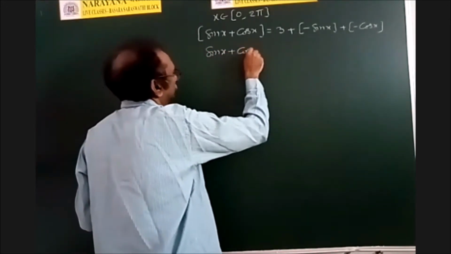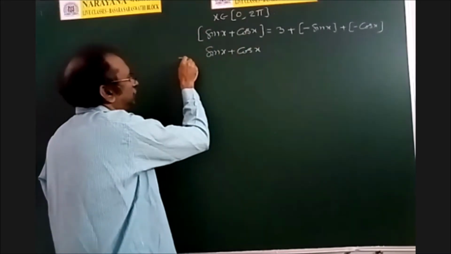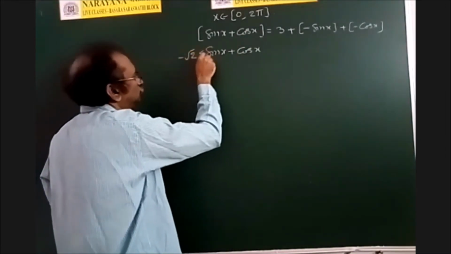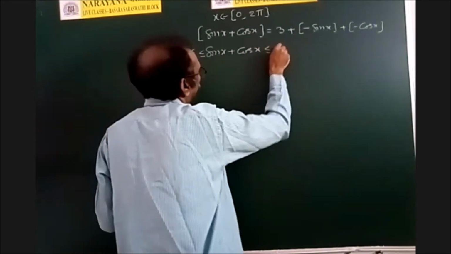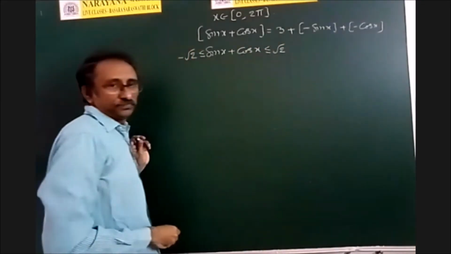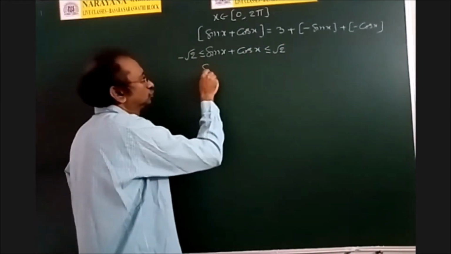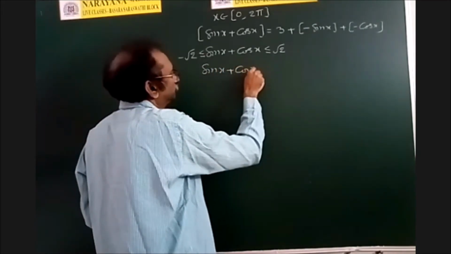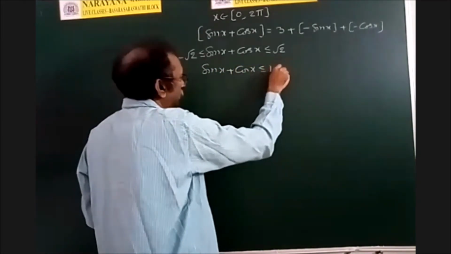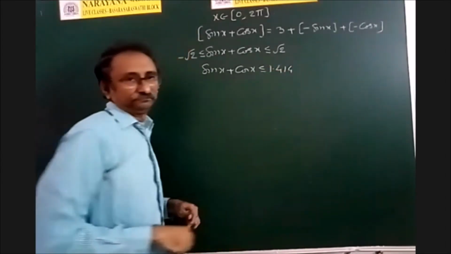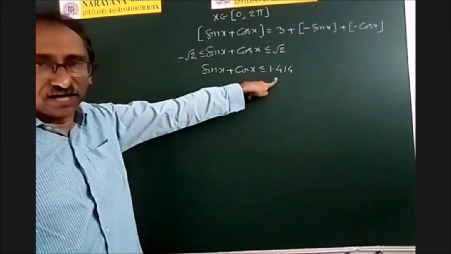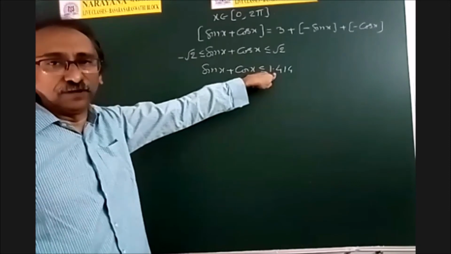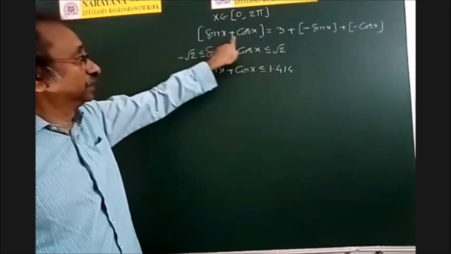So sin x plus cos x minimum value is minus root 2 and maximum value is root 2. So what is root 2? 1.414. And what is its integral part? Integral part of 1.414 is 1.